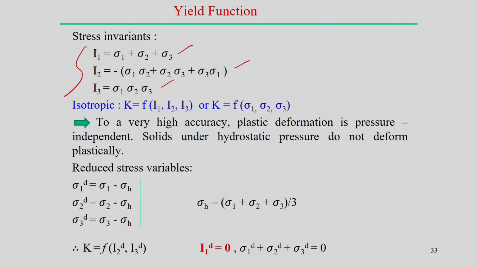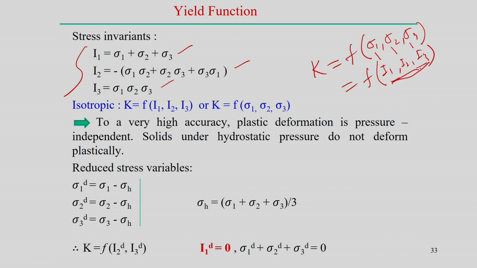Now, for an isotropic material, the functional form K can be written as a function of the principal stress state, that is, a function of sigma 1, sigma 2, sigma 3, or equivalently of the stress invariants I1, I2, I3, because the invariants are represented in terms of the principal stresses sigma 1, sigma 2 and sigma 3.